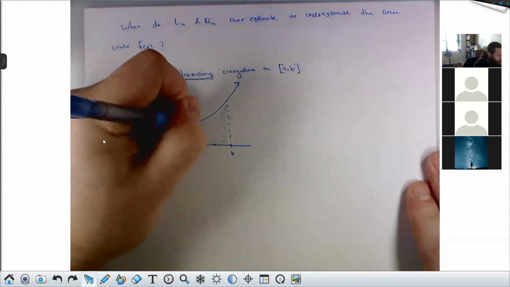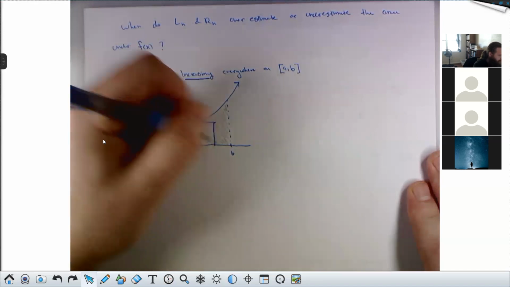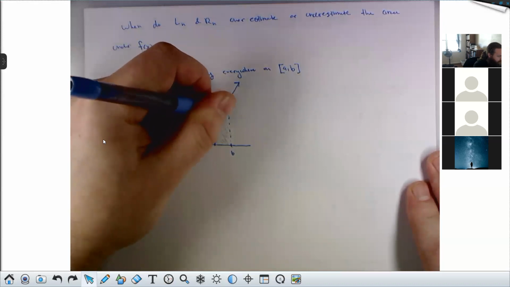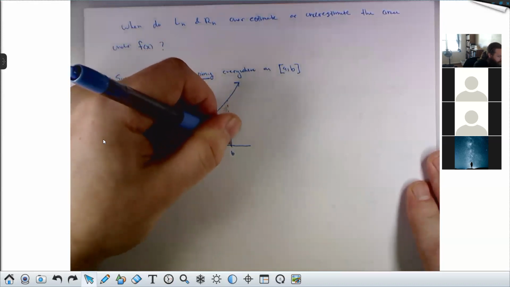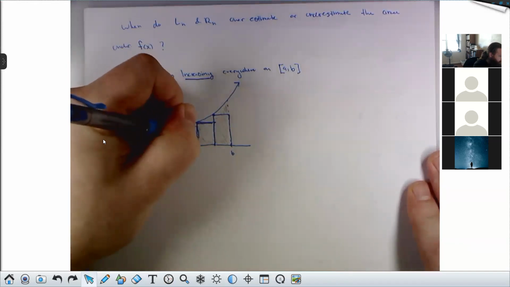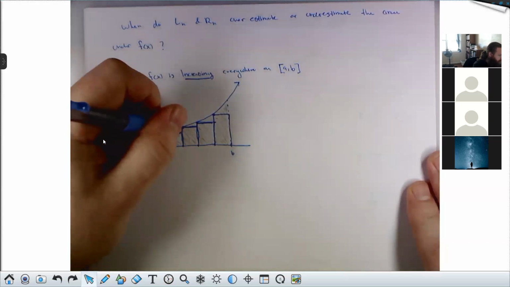Right? Because the function's height, because it's an increasing function, is always lower at the left endpoint than it is on the right endpoint. That's what it means to be an increasing function. It means you're always getting bigger as we go left to right.